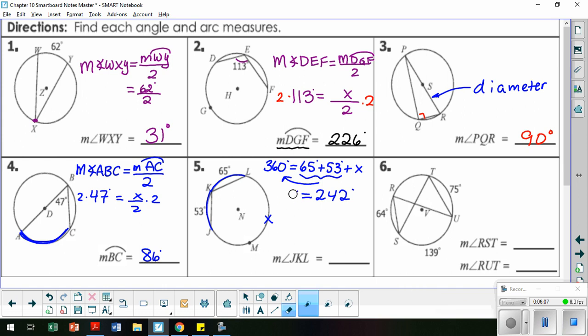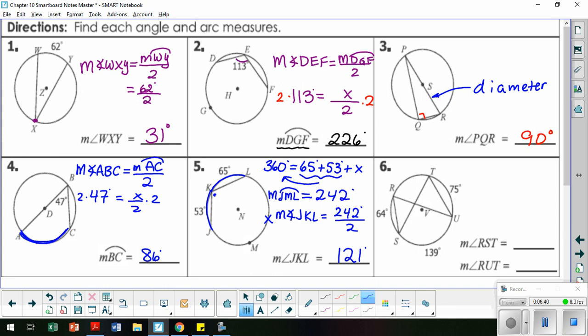This was the measure of arc JML. Now we want this angle right here. So the measure of angle JKL is going to be 242 degrees divided by 2, which is 121.